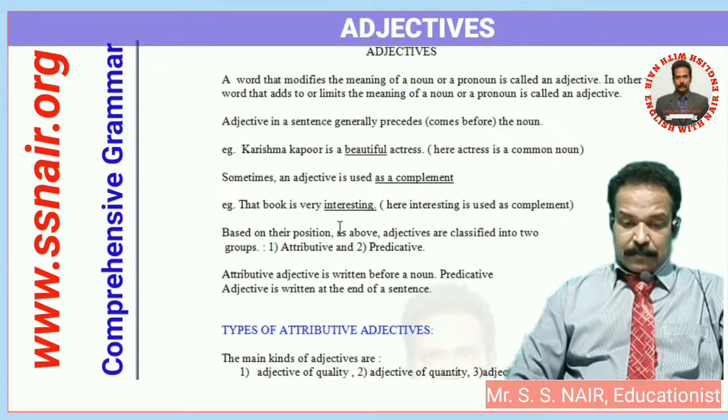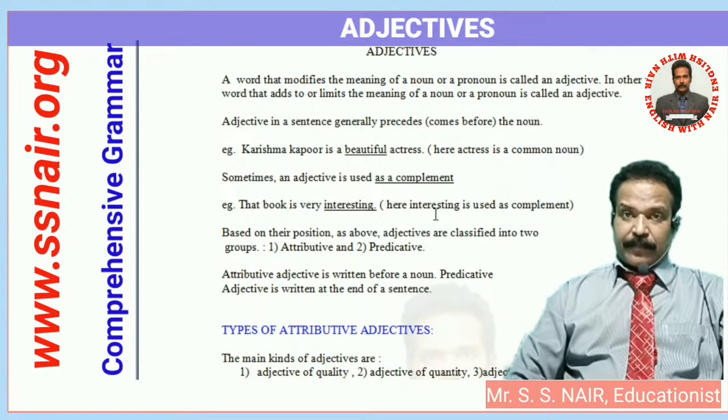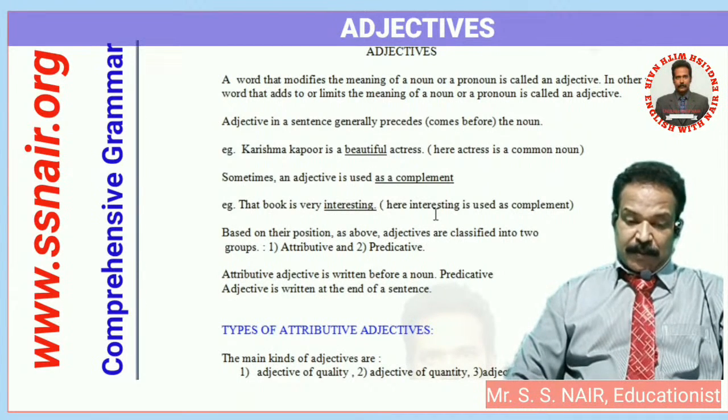Based on the position as above, adjectives are classified into two groups, attributive adjective and predicative adjectives. So based on the position, we can divide adjectives into two types. Position in the sense where it is placed. If it is placed in the beginning of the sentence, it is attributive adjective, and if it's placed at the end of the sentence, it's called predicative adjective.